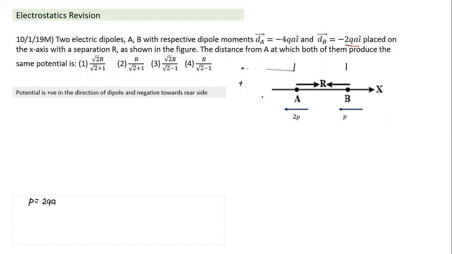First of all, the sign must be the same. In this region both have positive sign, so it is possible. In this region, which is the rear of A and the front of B, one potential is positive and one is negative, so here they cannot have equal potential. Here also both have negative values, and here also positive, but they have unequal magnitude.